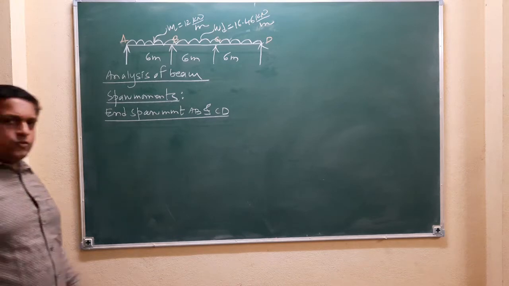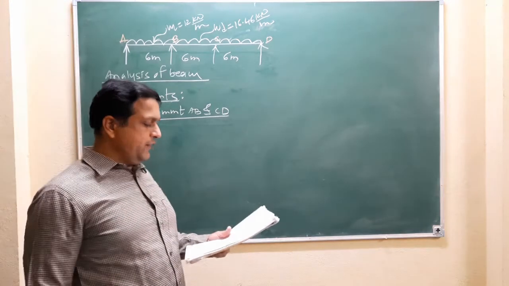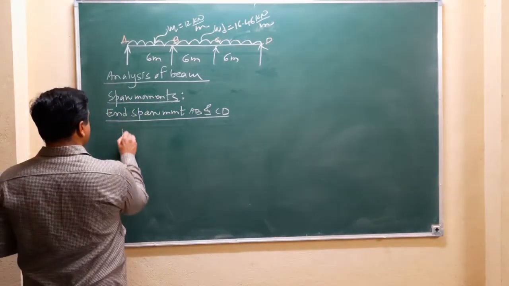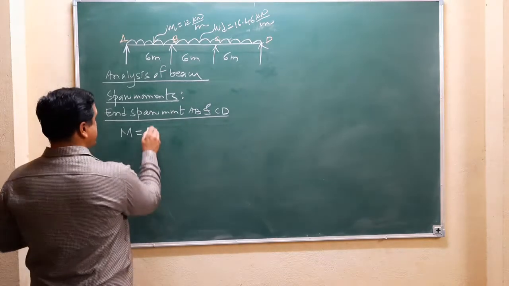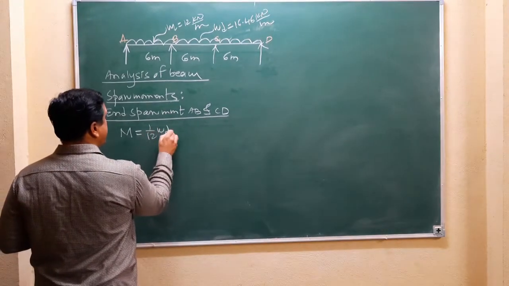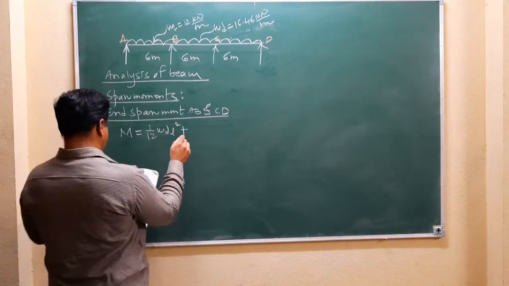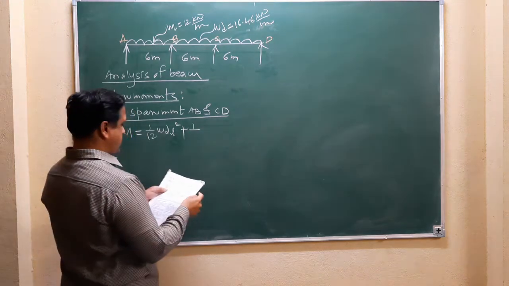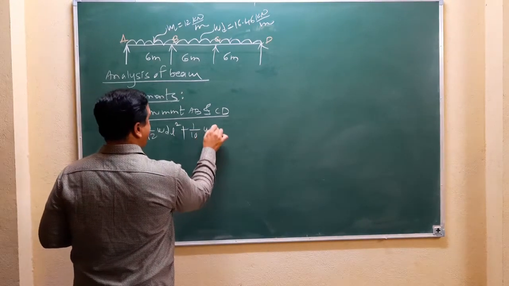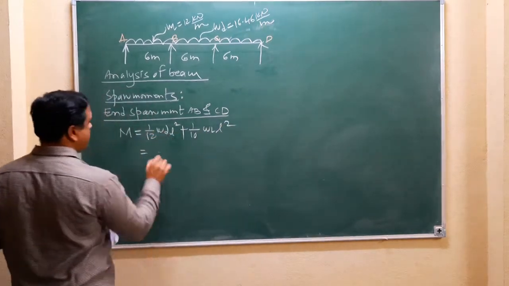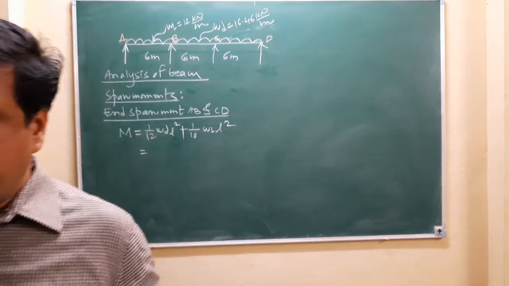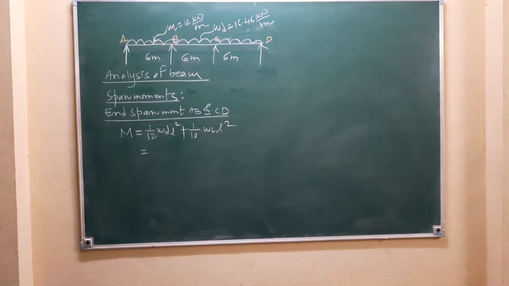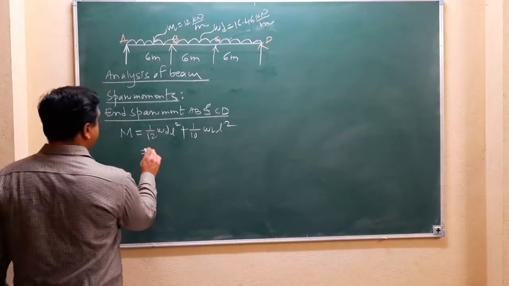Using the IS code, you have to find out the bending moment. For the end span, the coefficients are 1 by 12 W dead L square plus 1 by 10 W live L square, with reference to Table 12 of IS 456 2000 version. Now put all the values here.